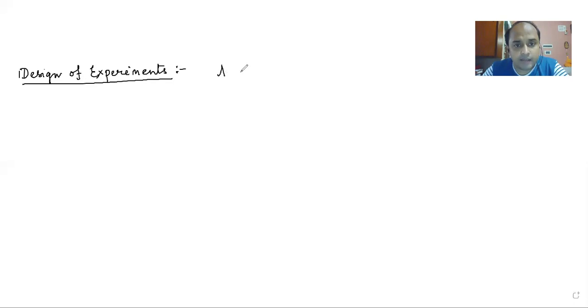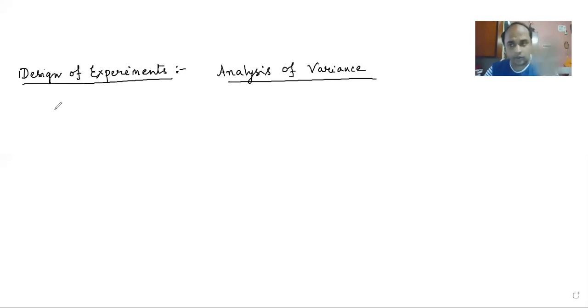For this I must first discuss analysis of variance. Analysis of variance is also a kind of design of experiment where some factors are given, and on the basis of the factors some means are calculated, and you have to test whether these means are aligned with one another or not.